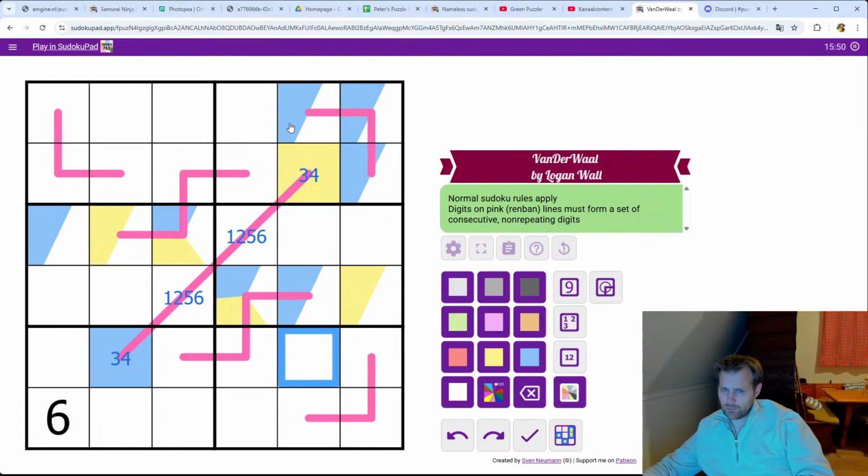In row 2, column 5. Yeah, those are correct, yes.